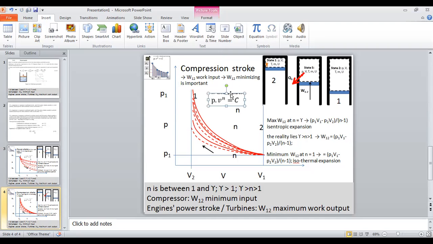And still this is the polytropic expression, the same. Here it's a compression somehow. So state 1 to 2 becomes this. Quite interesting.